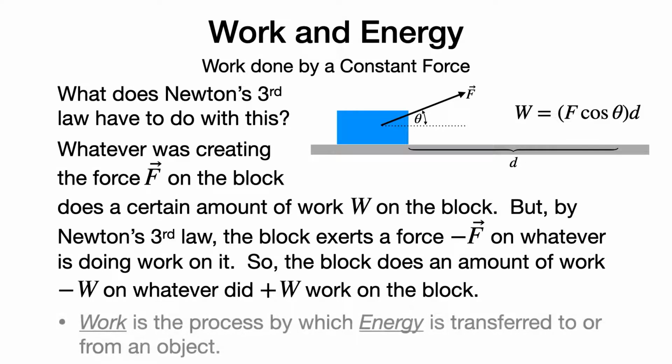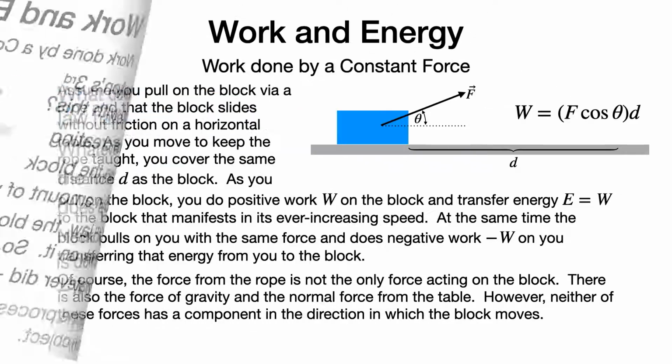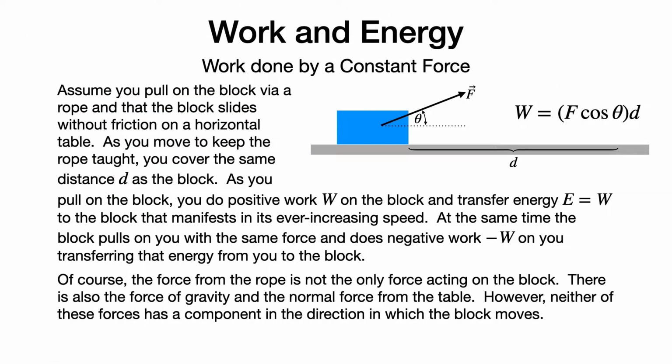So let's recall that we said work is a process by which energy is transferred to or from an object. So it's this work which transfers an amount of energy from whatever is doing the work on the block to the block, and it's coming from the object doing the work. So assume you pull on the block via a rope and that the block slides without friction on a horizontal table.